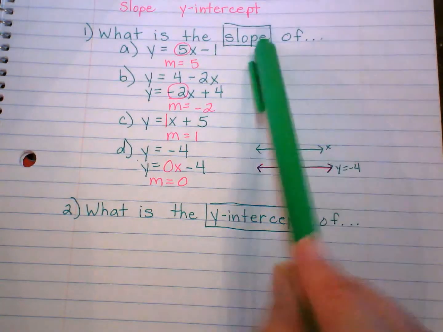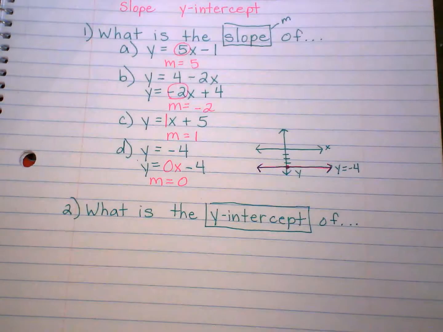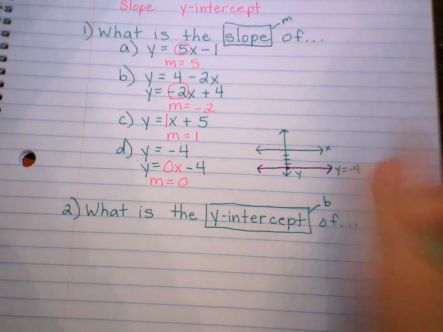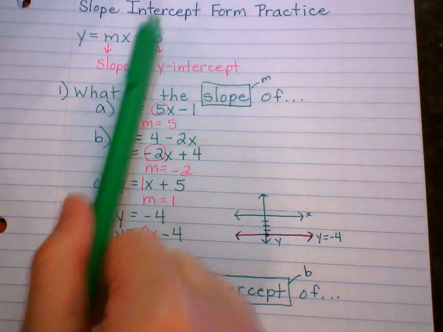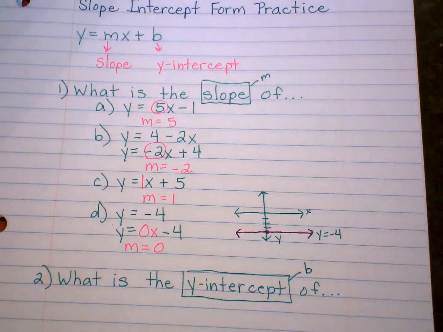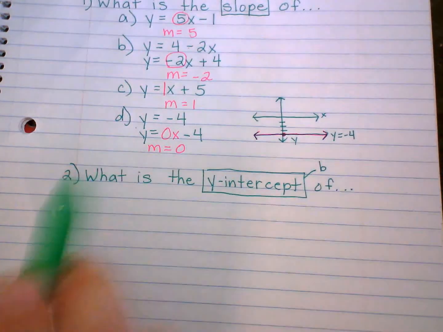Remember, the slope is the letter m. Okay? It's the steepness of the graph. The y-intercept is the letter b. Y equals mx plus b. The b is the y-intercept. It's where the line, the graph, goes through the y-axis. So what is the y-intercept, or what is the b in the equation?